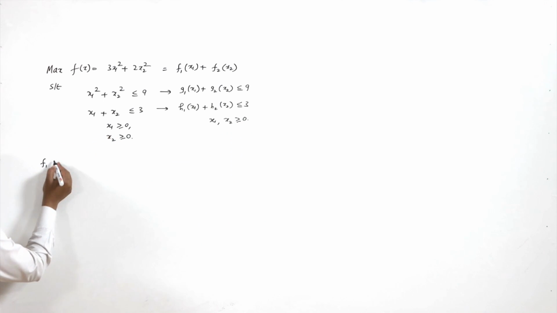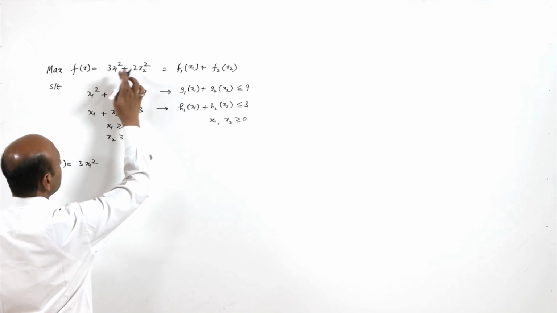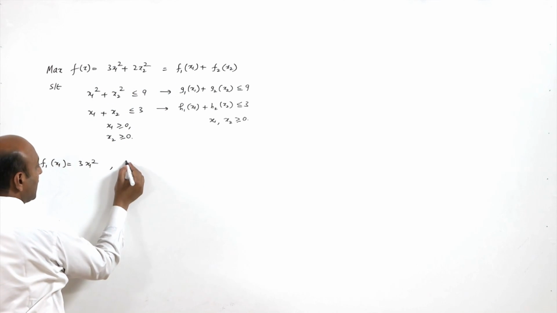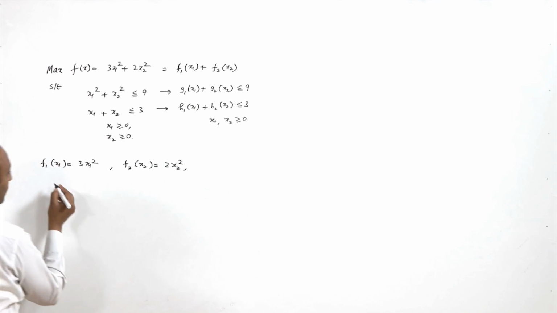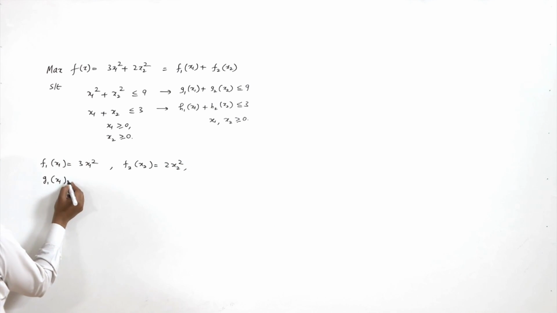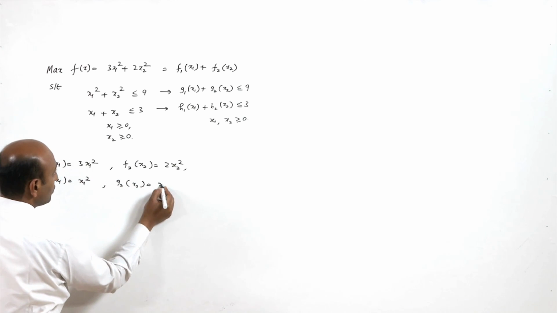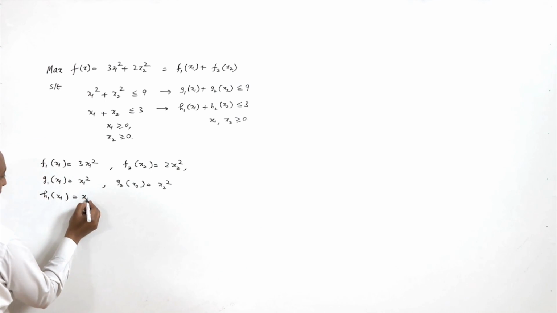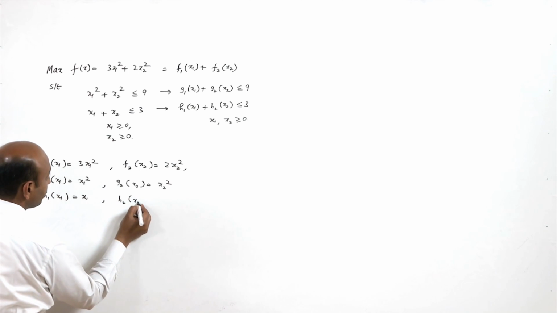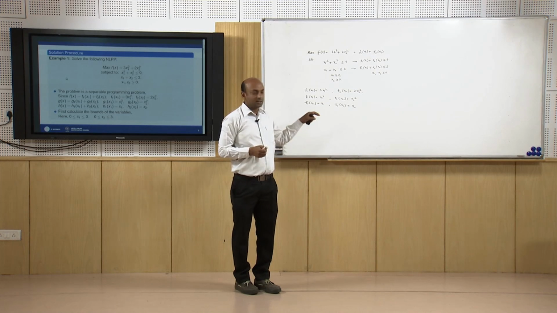So, what is f1(x1)? f1(x1) is 3x1 square, as you can simply see, a function of x1, and f2(x2) is 2x2 square. g1(x1) is x1 square, g2(x2) is x2 square, h1(x1) is x1 and h2(x2) is x2. This is because the problem is a separable programming problem.